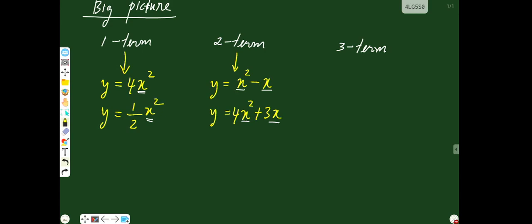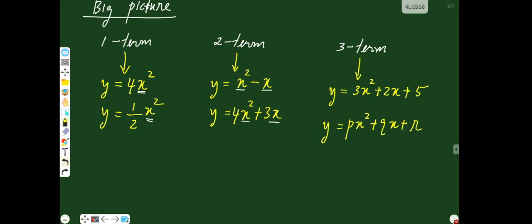The third one would be something like y is equal to 3x squared plus 2x plus 5. In general, y is equal to px squared plus qx plus r. So you can see now there are three terms here.